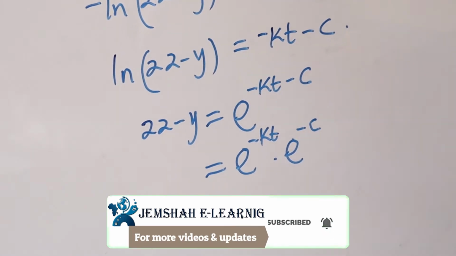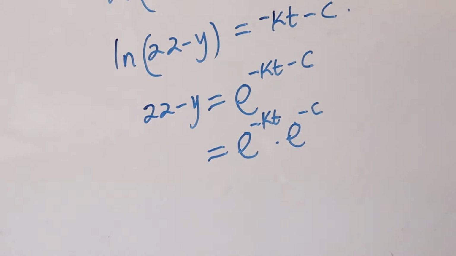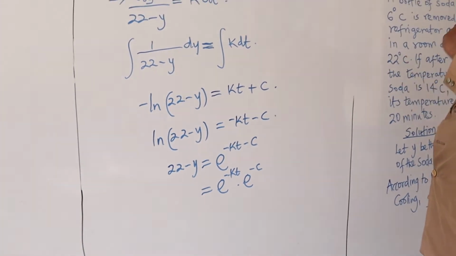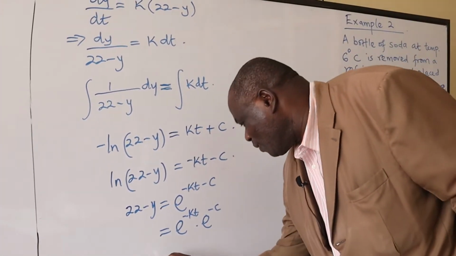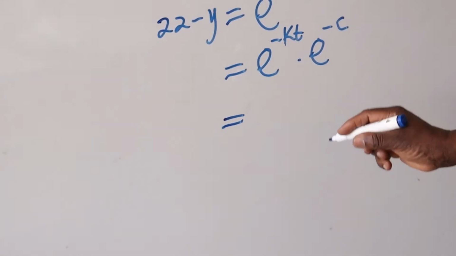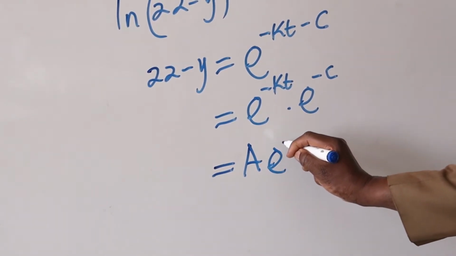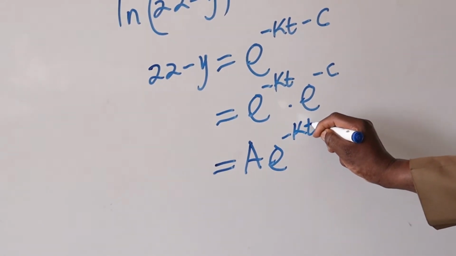E power negative c is a constant, so let's call it a constant a. So this will be a e power minus kt.